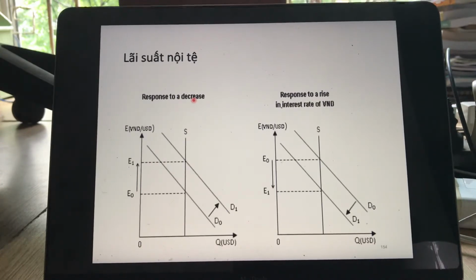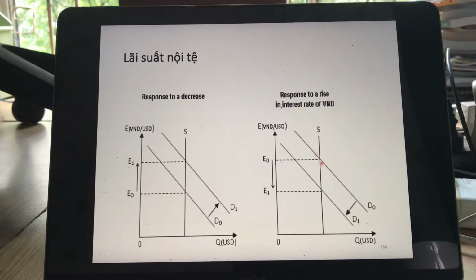Okay. The next scenario. We analyze in the opposite way, right? When the Vietnamese interest rate increases, the Vietnamese people tend to hold more assets denominated in the Vietnamese dong.